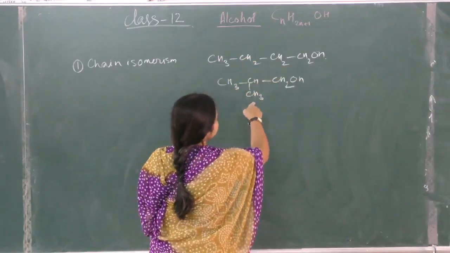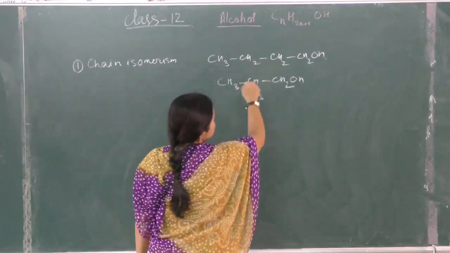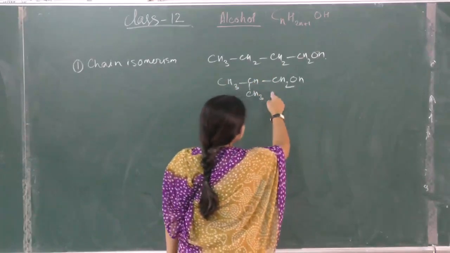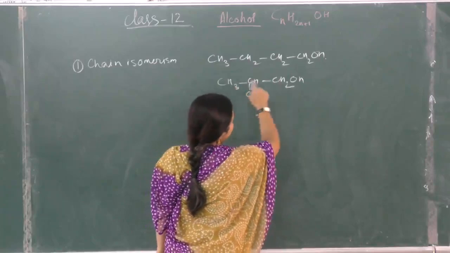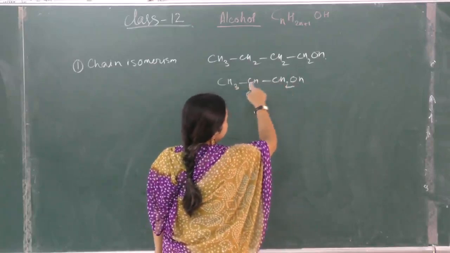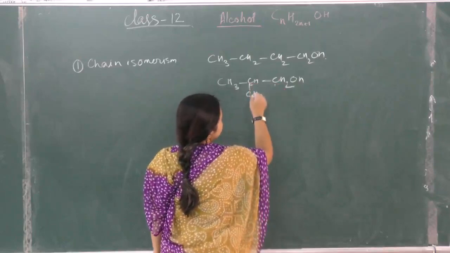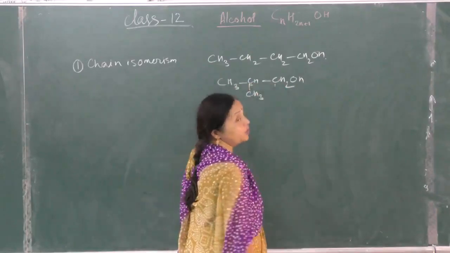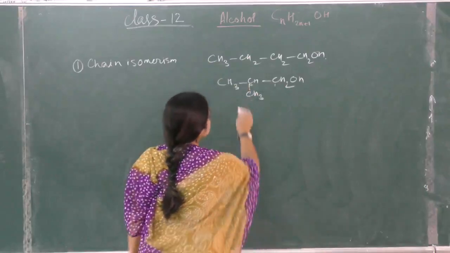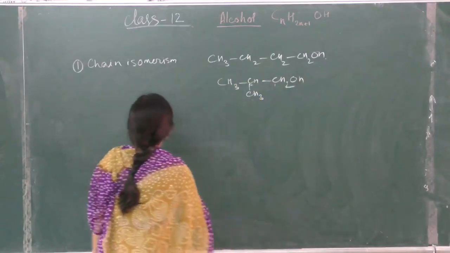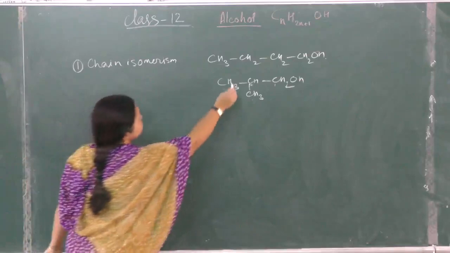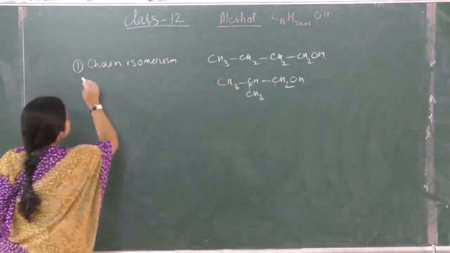In the IUPAC system, the name is propan-1-ol with a methyl group on position 2, so 2-methylpropan-1-ol. Now this is chain isomerism, straight chain and branched chain.